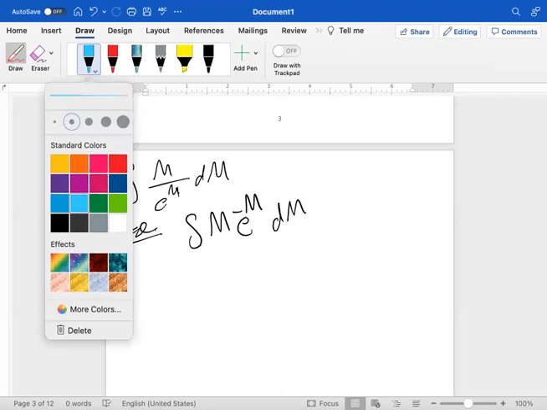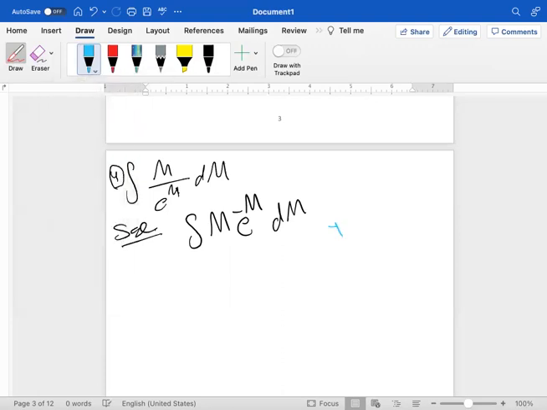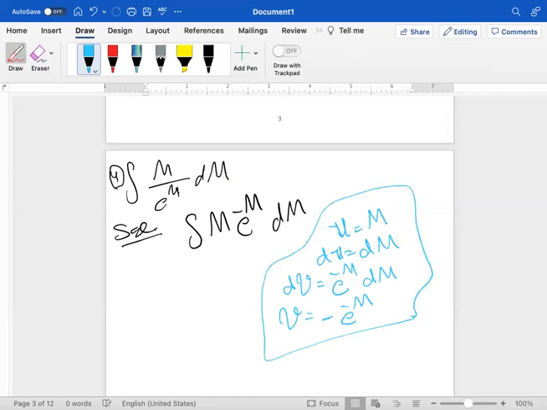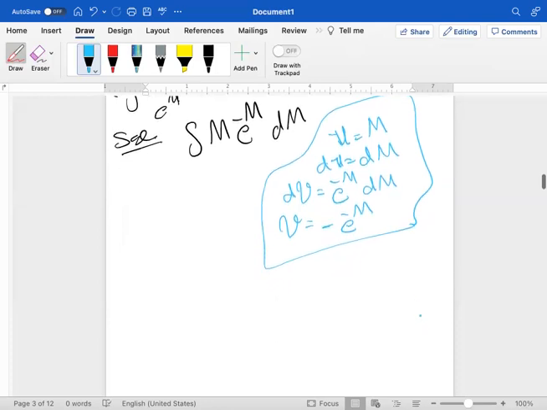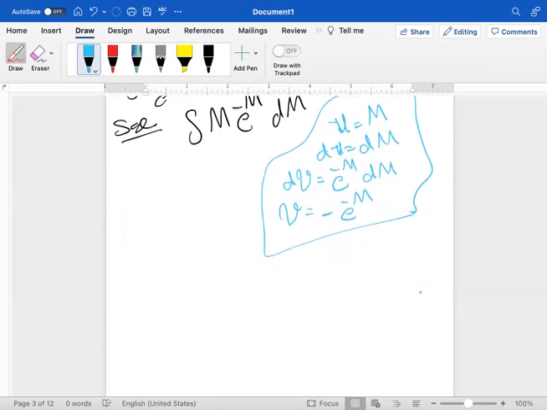I will choose my u to be m, then du is dm, and my dv is e to the minus m dm, then my v equals negative e to the minus m. So I have what I need. Let's plug into the formula.